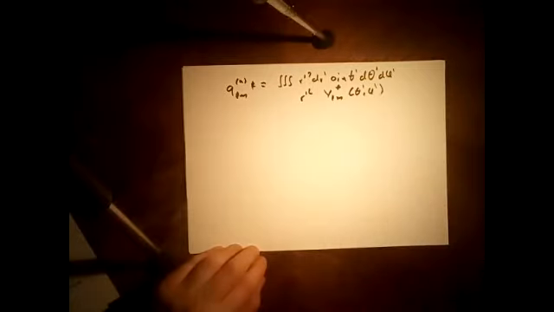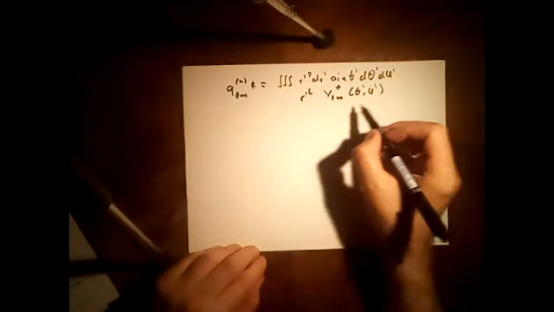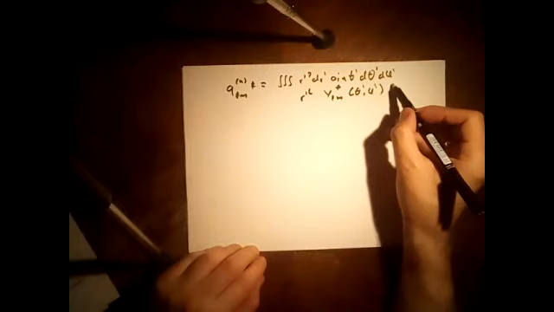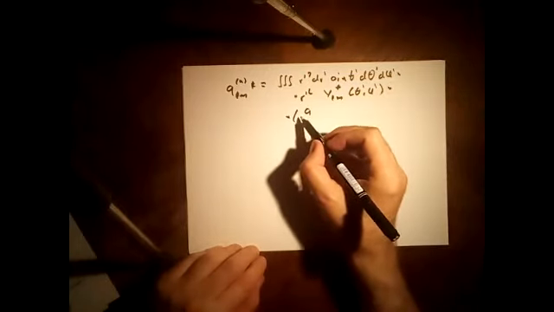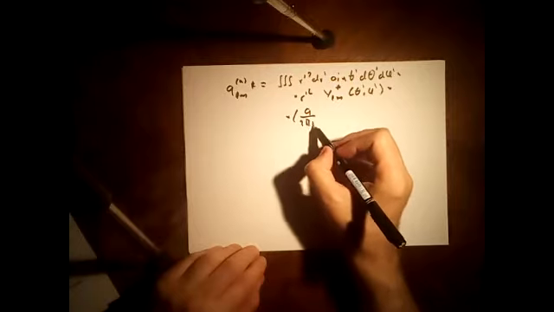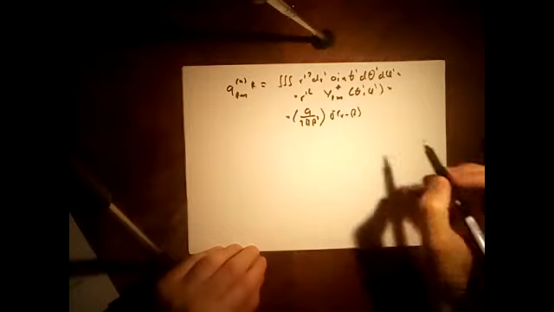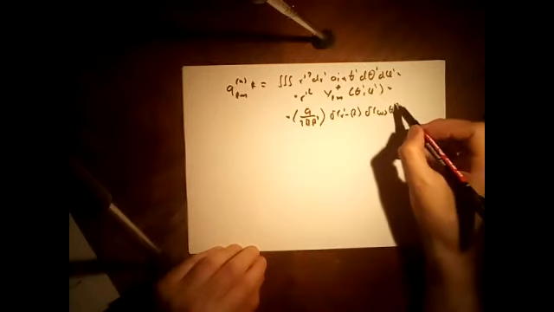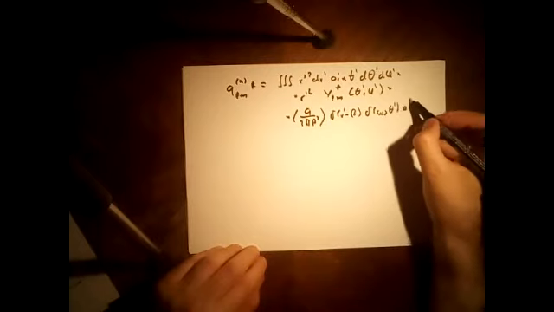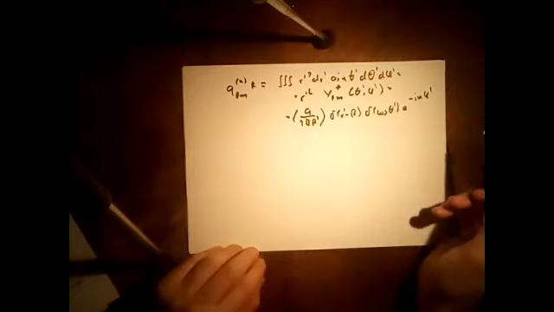And now comes the Fourier mode of the charge density, which is all multiplied: q over 2 pi r squared, delta(r prime minus R), delta(cosine theta prime), and I have an e to the minus i n phi prime here.